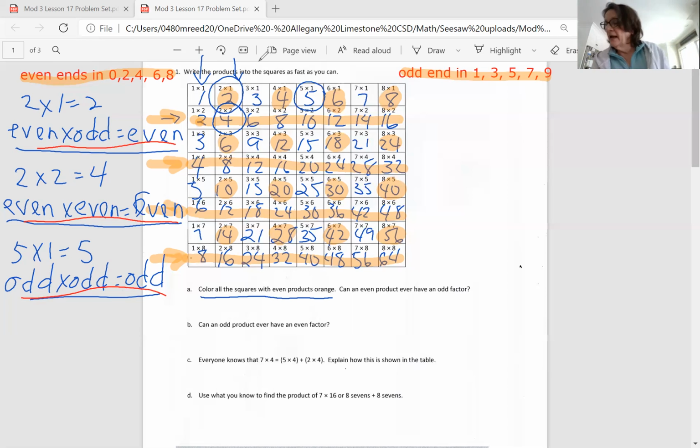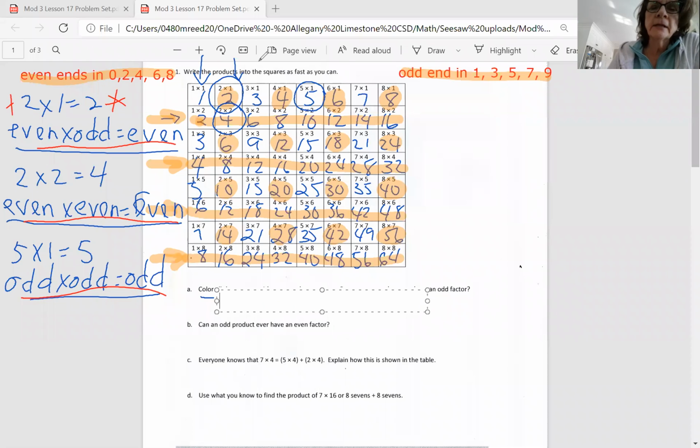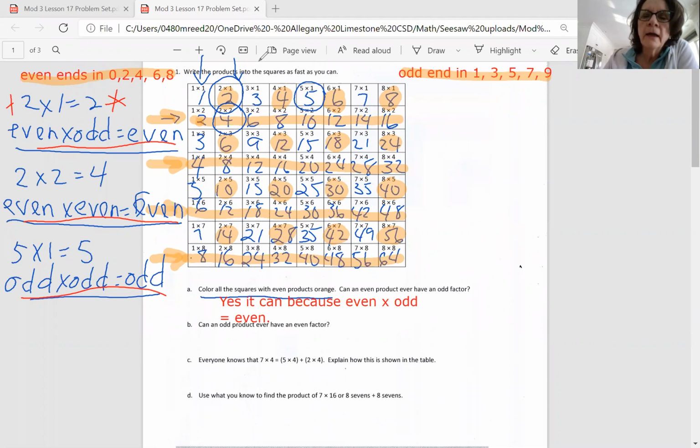So we can say, yes, it absolutely can. Sorry, guys, I don't know why that keeps going small on me. There we go. So I'm going to write in the little text box here, and we're going to answer this question. Can an even product ever have an odd factor? We're going to say, yes, it can, because even times odd equals even. Okay, and that's our answer for the first question.